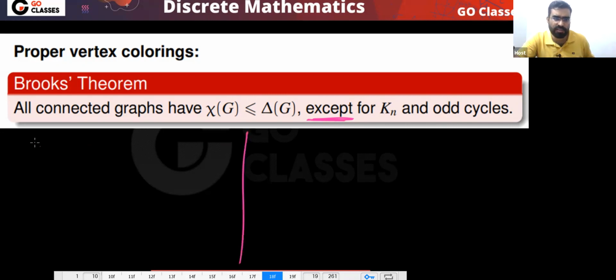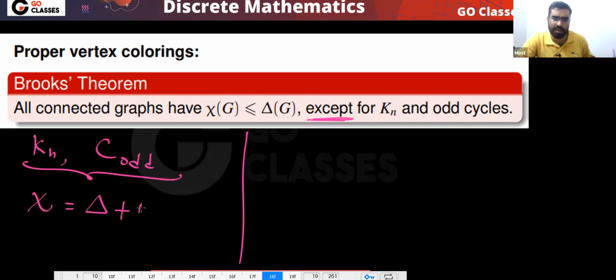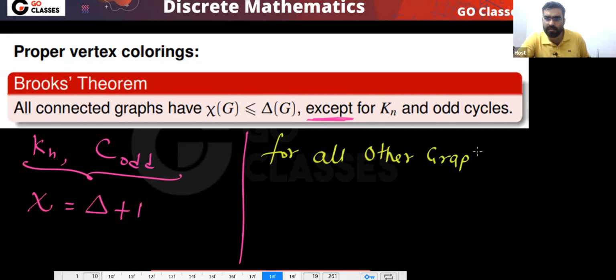Only these graphs, Kn and odd cycles, have chromatic number equal to maximum degree plus 1. For all other graphs, the chromatic number is less than or equal to delta.